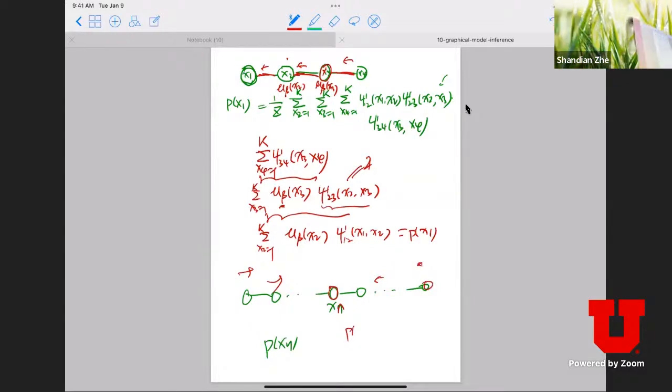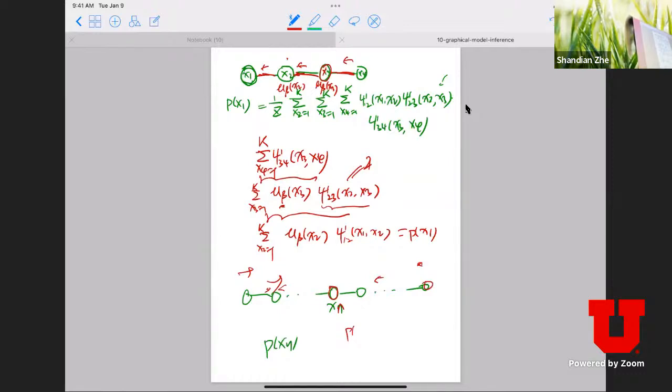In this pass, I calculate the message from every node to its neighboring node. Once that's done, I can pick any node, multiply the incoming messages to that node, and you get the marginal distribution.